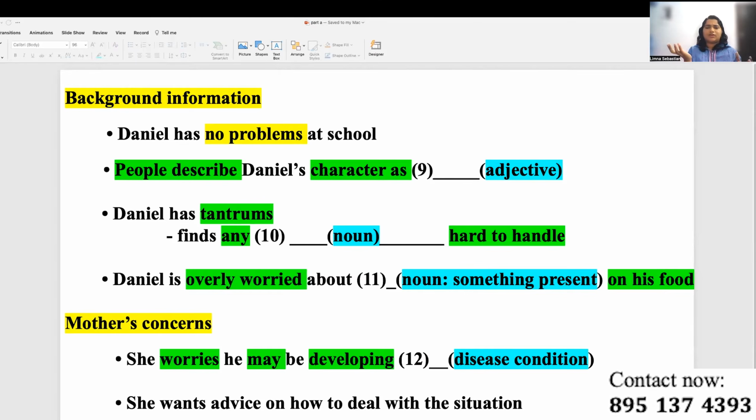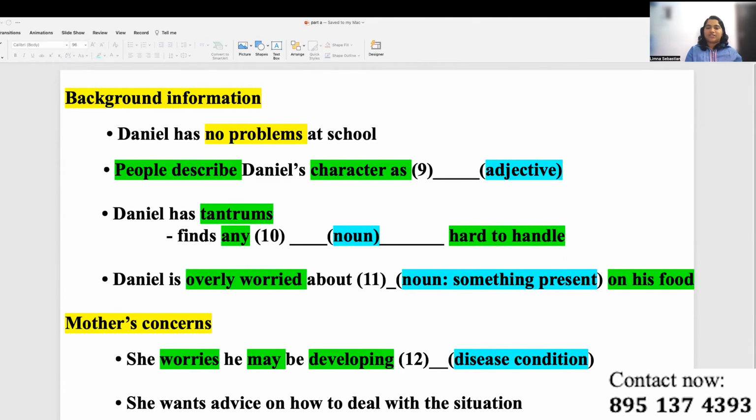It may be symptoms or a disease condition or adjectives. While listening to the audio we will listen very carefully and give more concentration, because we want to see whether our prediction is correct or not. If it is correct we will be happy. If it's wrong also no problem, we will think okay, that's the reason it came like this.